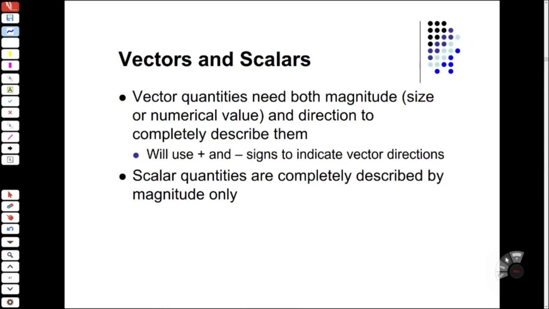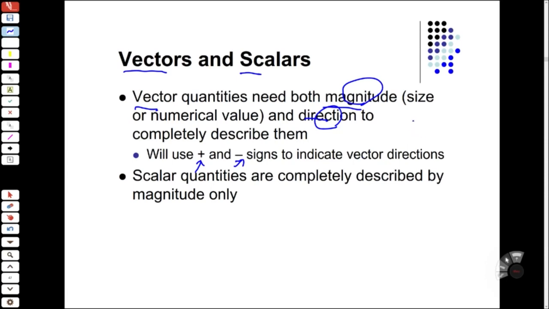Now come vectors and scalars. Vectors are quantities that need both magnitude and direction. In order to specify a vector, you need not only the magnitude but also its direction. In one dimension, for example, you can use plus or minus to indicate vector direction.